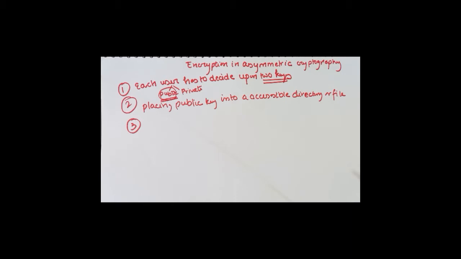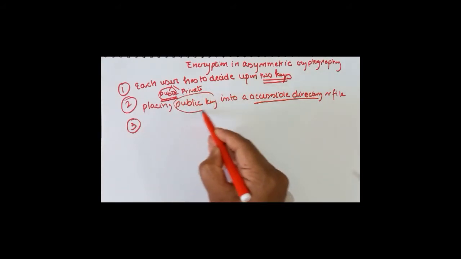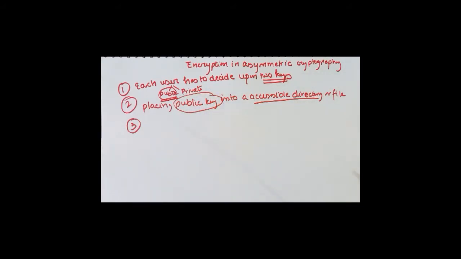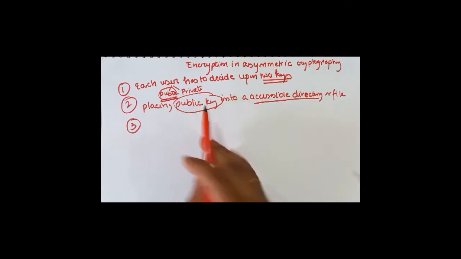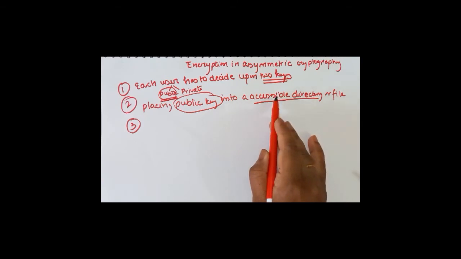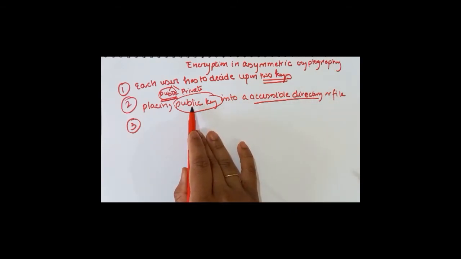You would move to the accessible directory, see what my public key is, and then encrypt the message with my public key.